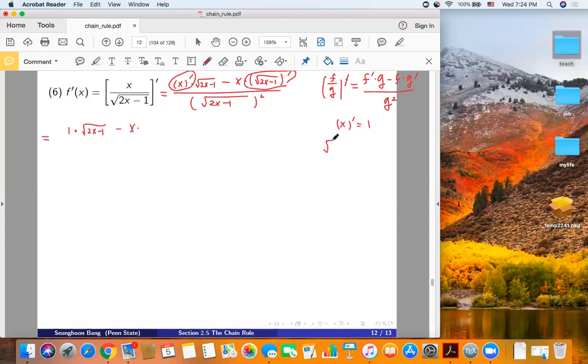The square root of 2x minus 1, prime, is 2x minus 1 to the power 1/2, prime. You can use the power rule combined with the chain rule. So what's that? The power 1/2 comes down like this, with the inner function 2x minus 1.